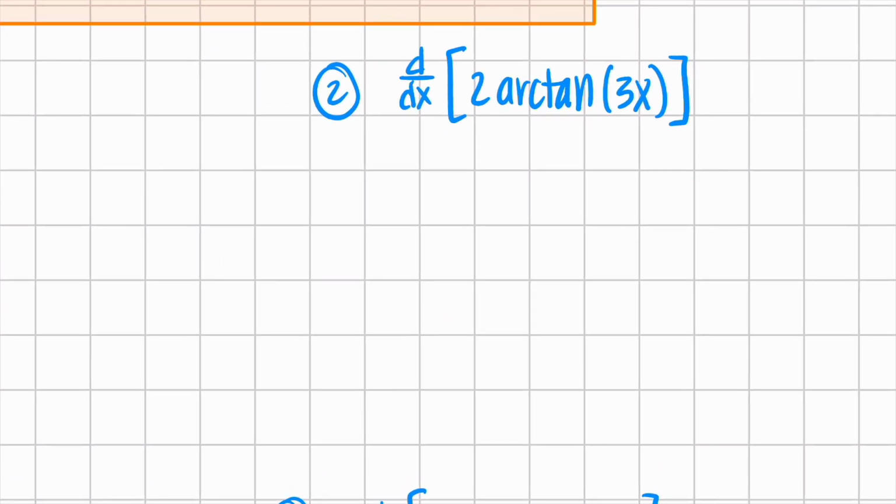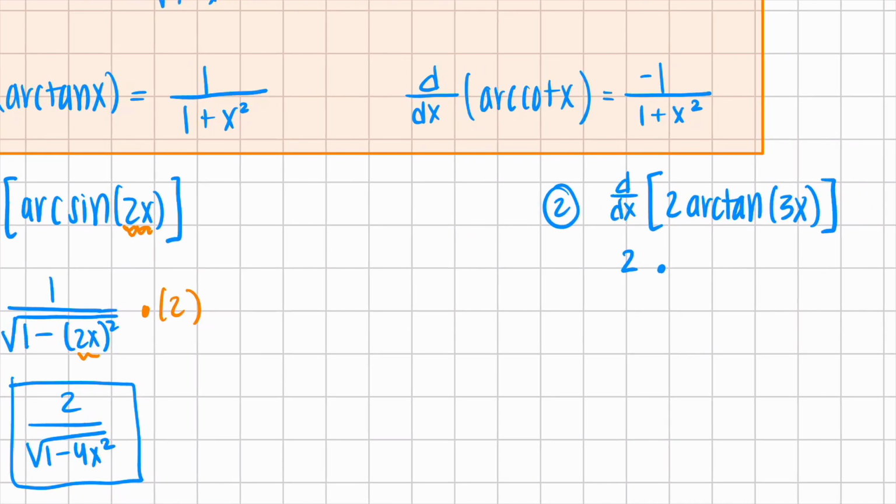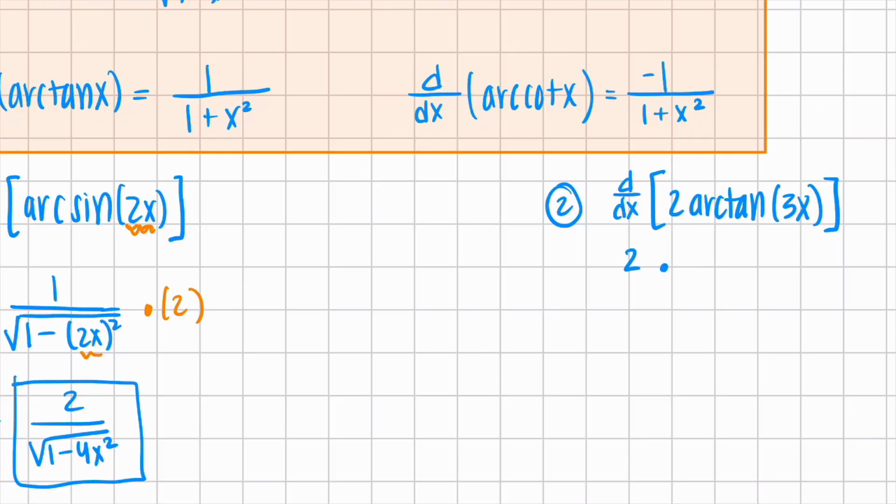Let's do another one. Here I have 2 times the inverse tangent of 3x. Now this 2 out front is just going to stay out front for my derivative. So I'm going to have a 2 times the derivative of arctangent, which is 1 over 1 plus x squared. Notice that instead of an x, we have a 3x. So I have 1 over 1 plus 3x squared.